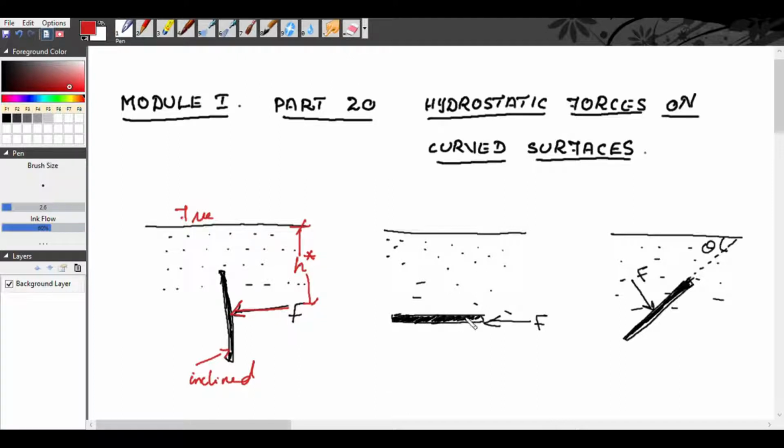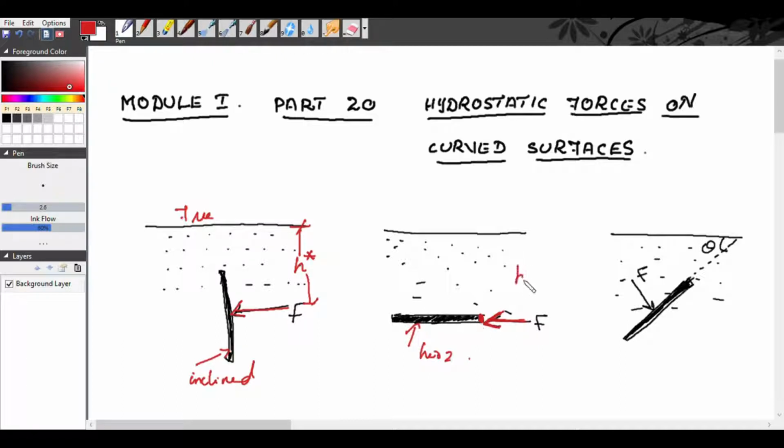Now, if the surface is a horizontal surface, the total force again acts on the vertical face of this horizontal surface.